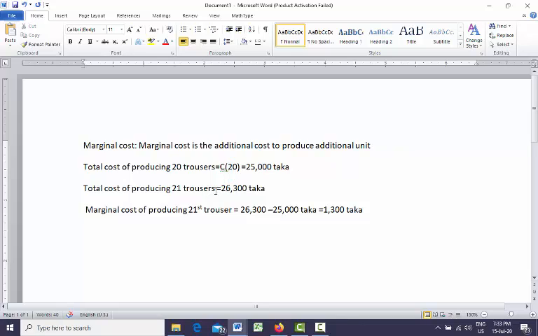Similarly, C of 21 is the total cost of producing 21 units, 21 units of trouser. So now, how should you write marginal cost?